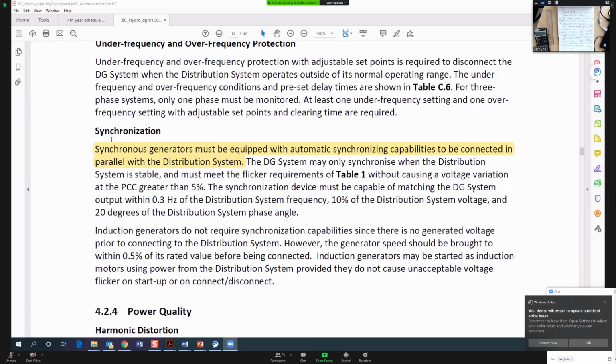For synchronization, the synchronous generator needs automatic synchronization capability to connect in parallel with the BC Hydro system.